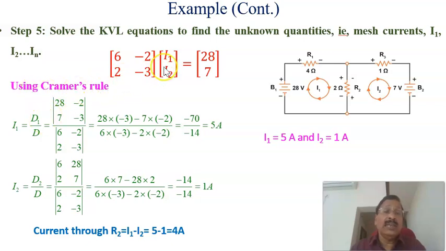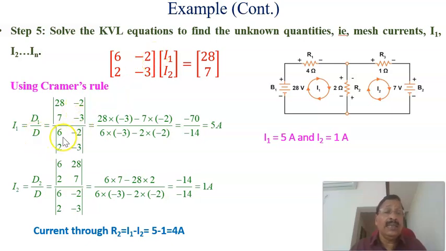By Cramer's rule, the unknown I1 equals the determinant D1 divided by D, where D is the determinant of the coefficient matrix: 6, minus 2, 2, minus 3. To get D1, the first column is replaced by the voltage vector, 28 and 7. The second column is the same, minus 2, minus 3.